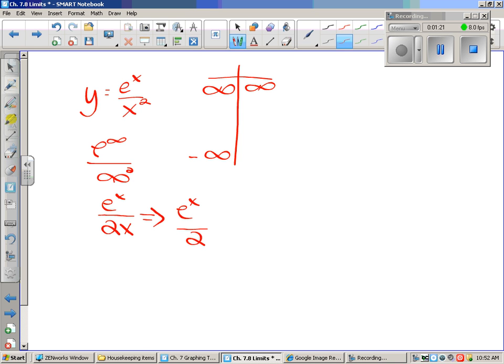What about negative infinity? It also would have been infinity, right? Oh, wait, no, it wouldn't. I lied. E to the negative infinity would mean what? We could think of it as 1 over e to the infinity.